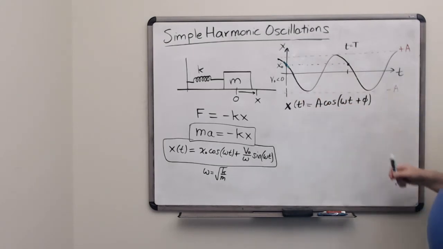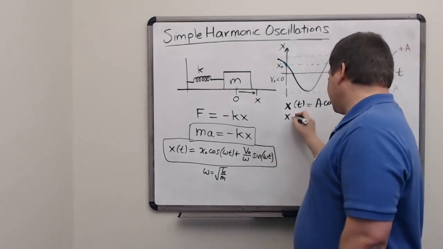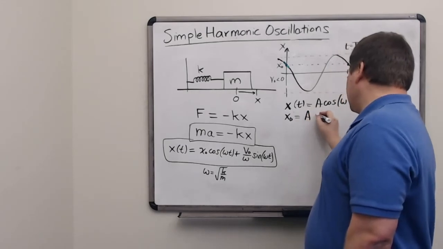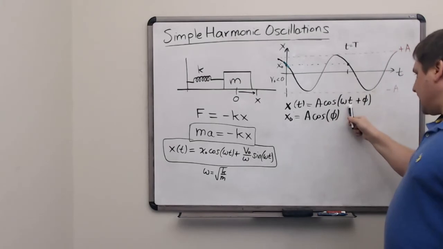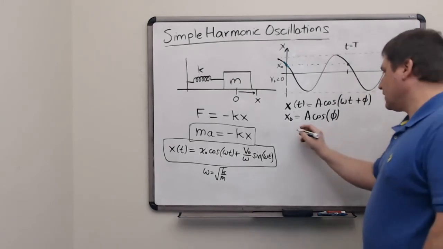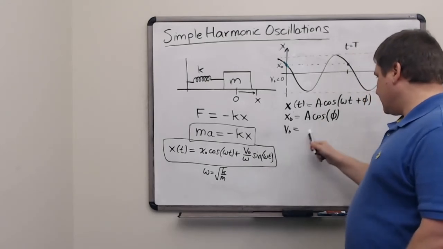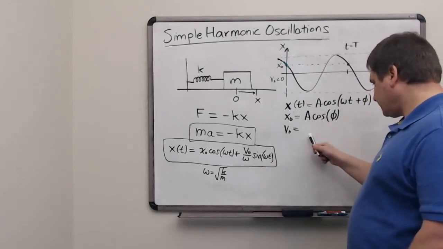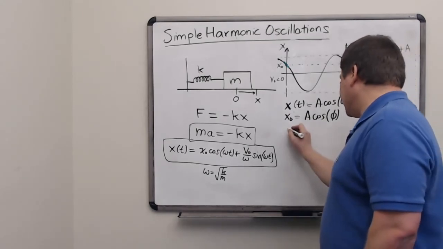So let's take this improved guess and compare it to our initial conditions. x0 would be equal to a cosine of phi, since I plug in time as 0. And for v0, first we have to do the derivative if we want to discuss the velocity.